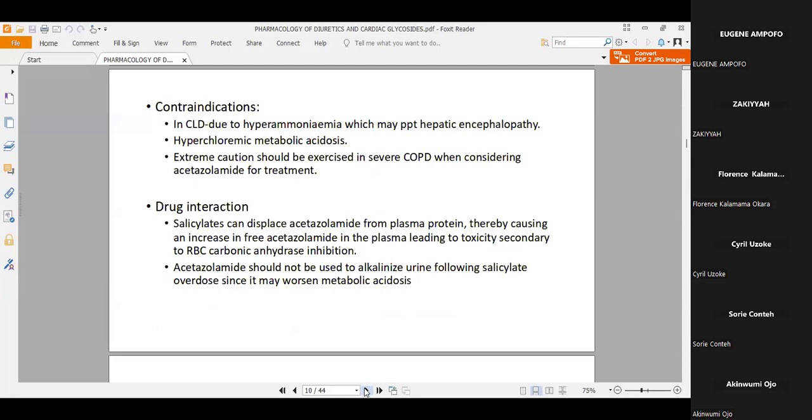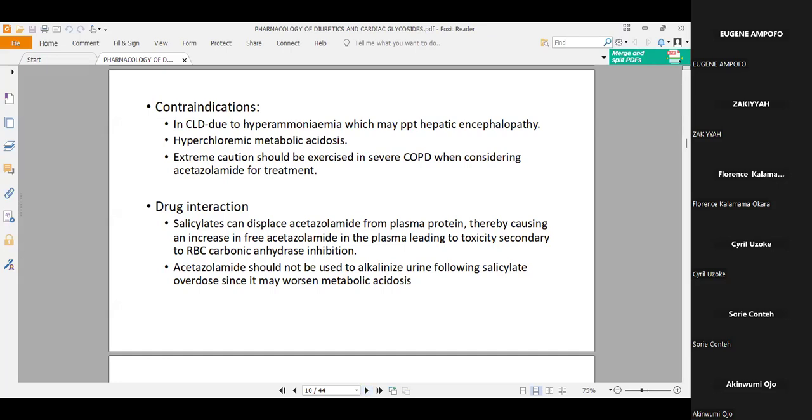Contraindications to the use of acetazolamide include that it can precipitate hepatic encephalopathy. It is contraindicated in patients with hyperchloremic metabolic acidosis, and it should be used with caution in patients with severe COPD.